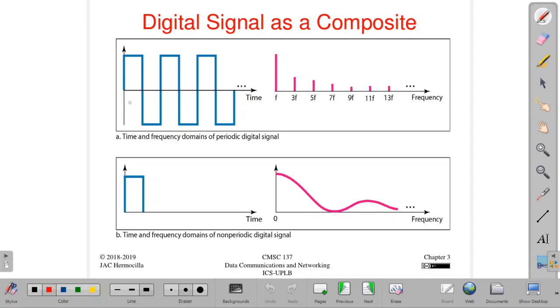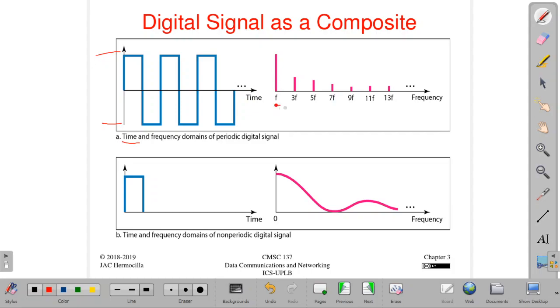On the left, we have the time domain of this digital signal. So two levels, level 1 or level 2, and then level 1. And then if we get the frequency plot of this digital signal, this is what we're going to get.